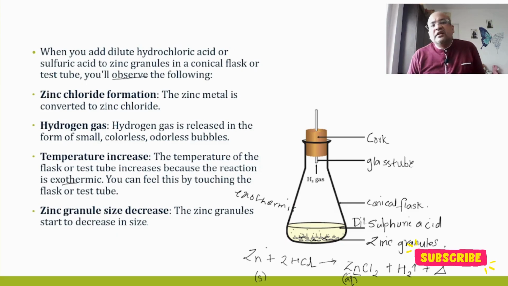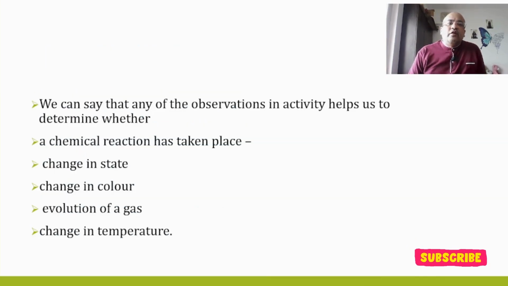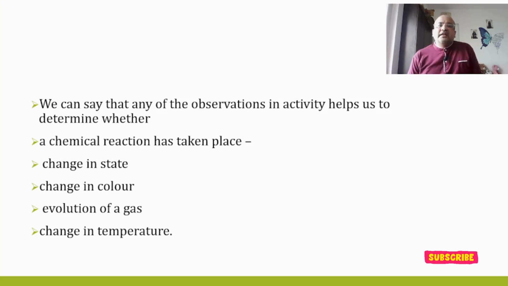And naturally, as the zinc granules react, their size is going to reduce. So let's see what we have observed from all these activities. We can say that any of the observations in the activities help us to determine whether a chemical reaction has taken place.